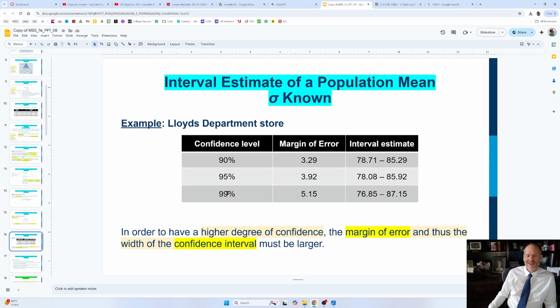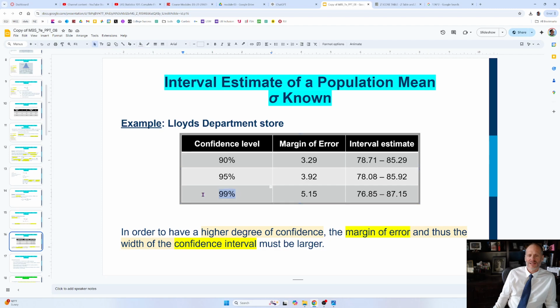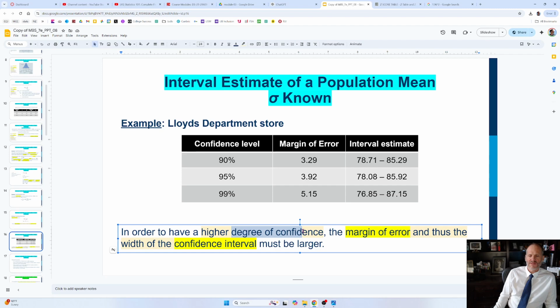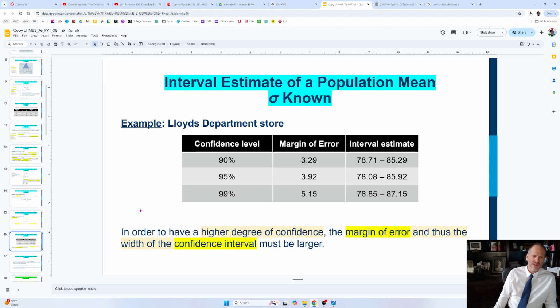The wider my margin of error, the wider my interval estimate, the more confidence I could have that the sample point estimate with its margin of error, creating the interval estimate, is going to contain the population parameter of interest, the population mean. So in order to have a higher degree of confidence, the margin of error, and thus the width of the confidence interval, must be larger.